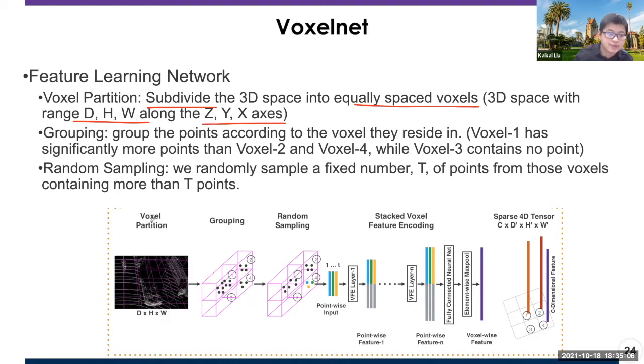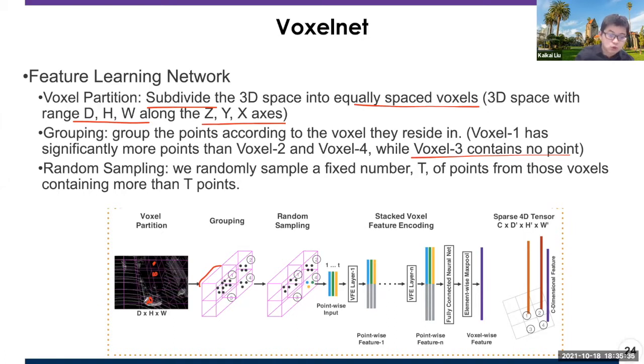So this is the 3D grid, 3D voxels. Then inside every voxel cell, they may have multiple points. Some voxels may have many points, some voxels, like voxel 3, may have no points at all. That's normal. For example here, no points at all, no points at all. But this cell has lots of points.